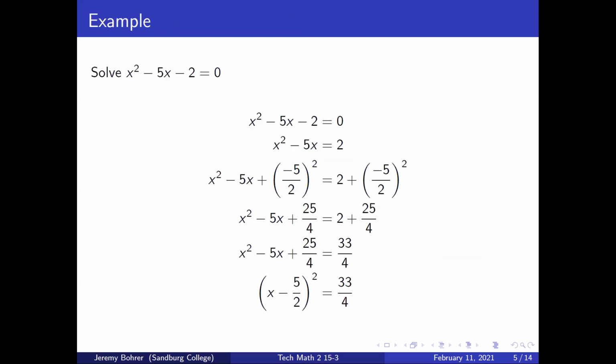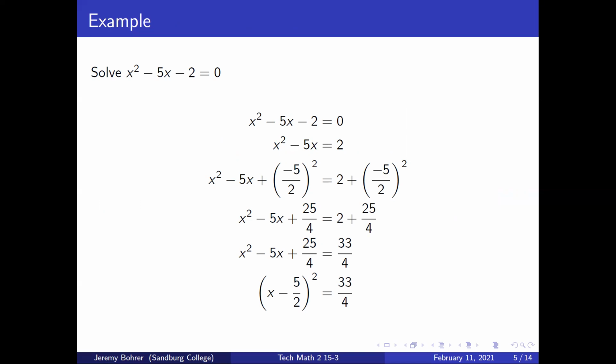For example, solve x squared minus 5x minus 2 equals 0. Here, x squared minus 5x minus 2 equals 0, so x squared minus 5x equals 2. Then x squared minus 5x plus (negative 5 over 2) squared equals 2 plus (negative 5 over 2) squared.